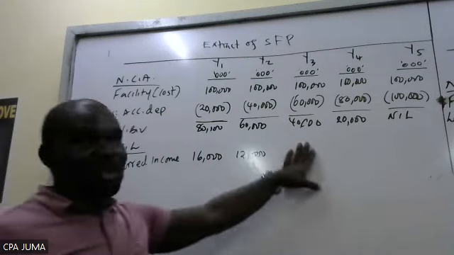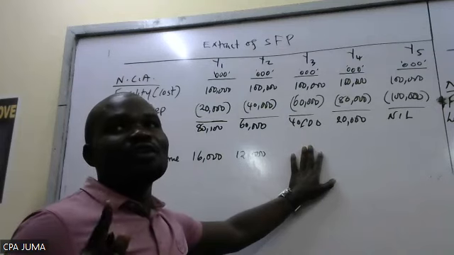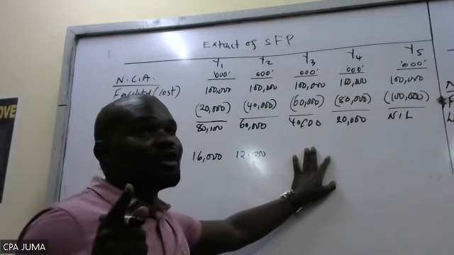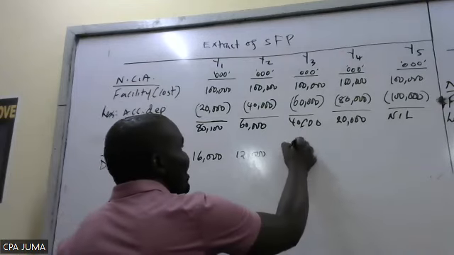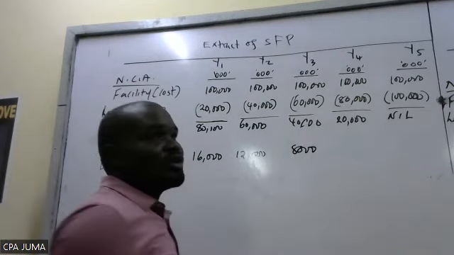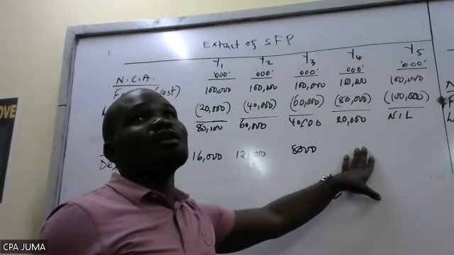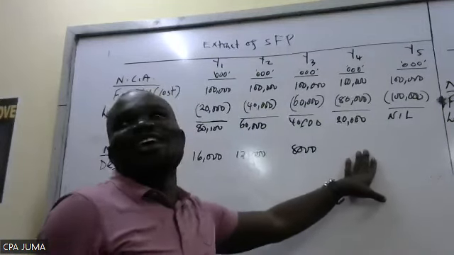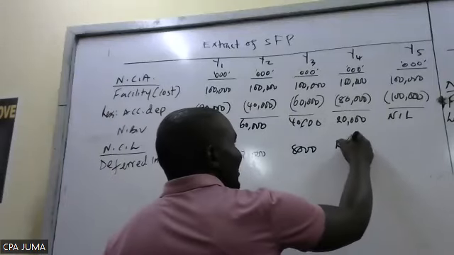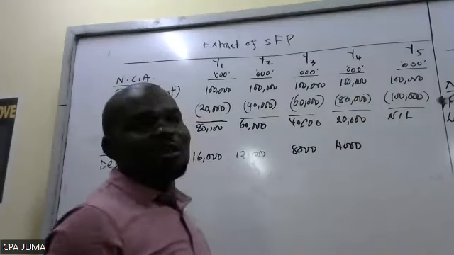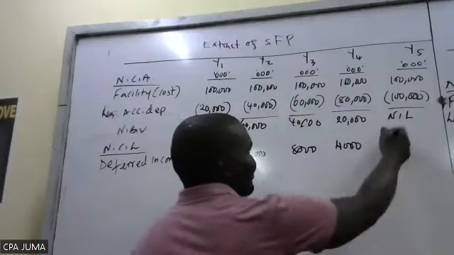By the end of year 3, you will have utilized 12. How much can you refund in case of anything? 8. By the end of year 4, you should have utilized 16. How much can you refund? 4. By the end of year 5, we should have utilized how much? 20. How much can we refund? Nothing.